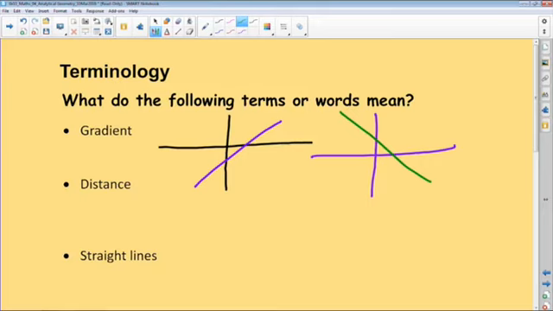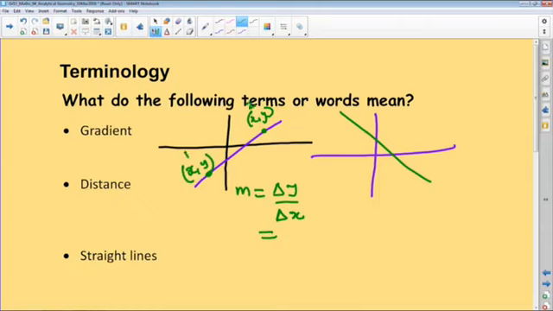So your gradient is represented by change in y over change in x. If we're looking at this line, it can have maybe 2 points there, and you can work out the gradient. These are two sets of coordinates: this is set 1, that's set 2.